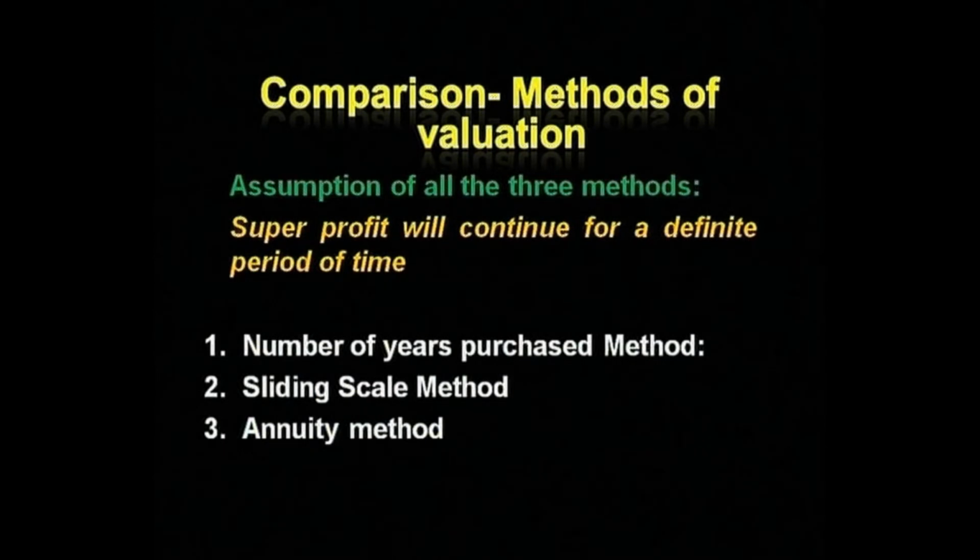Under the sliding scale method, more realistically, we calculate up to what number of years such profit will continue, and we multiply the years with the super profit and find the value of goodwill by aggregating all the products. Under the annuity method, which is an improvement or a variant of the number of years method, the present value of the super profits is computed, so that it is more comparable with the valuation of the goodwill.